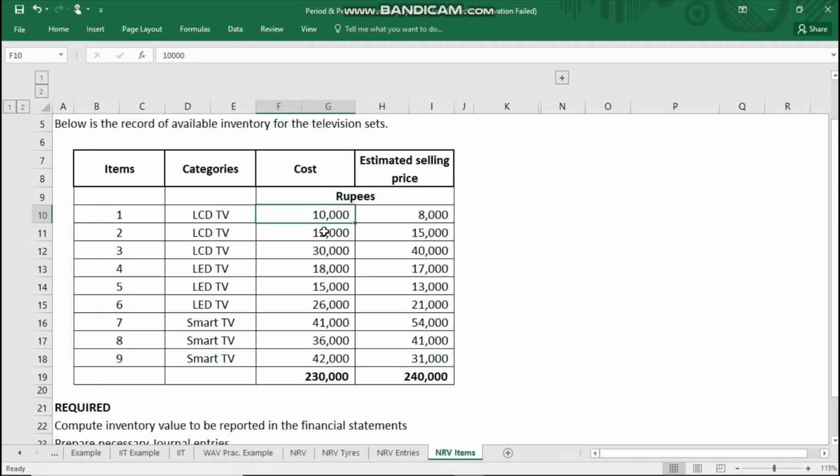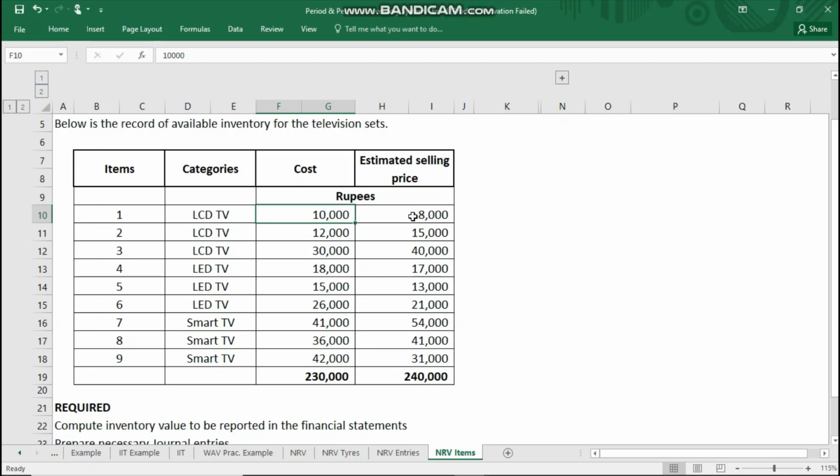As per the International Accounting Standards on Inventories, we need to do the NRV testing of inventories at item level. Okay, so whenever we have this type of data, we need to do this NRV testing at each item level instead of totality level.